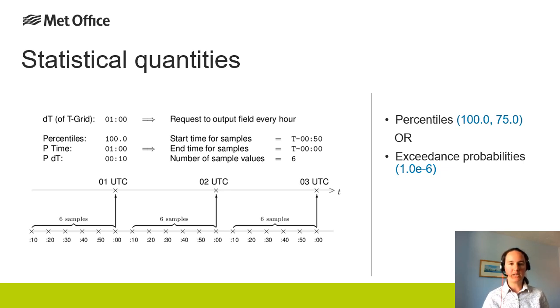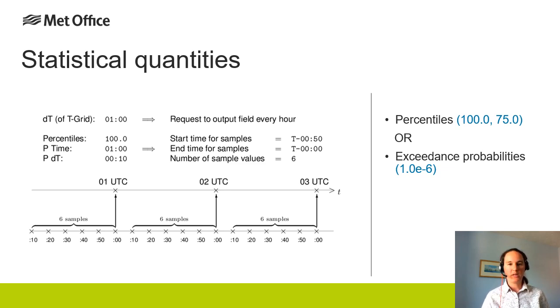Here we have an example where we're going to output the maximum percentile, so the maximum concentration over a 1 hour period. You can see that our time grid is set to 1 hour, and we've asked for a percentile of 100, but in this box you could also put a list. If you wanted the 25th, 50th, 75th and 100th percentiles, you could just list those.